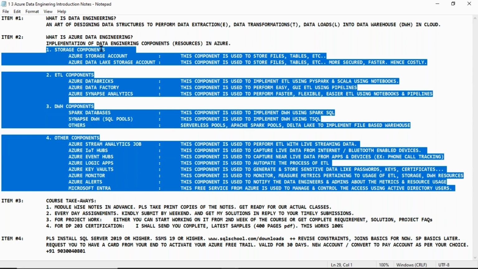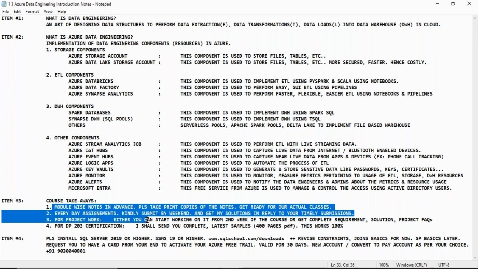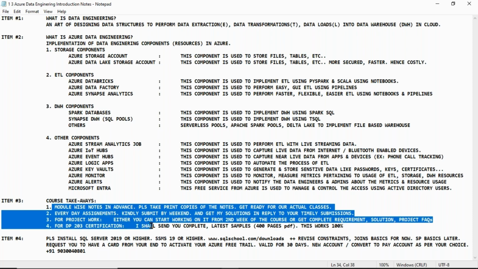These are complete journey points. We are going to visit all these things practically in our journey from today. Notes, material, project work requirements, solution, certification, guidance, I will take care.